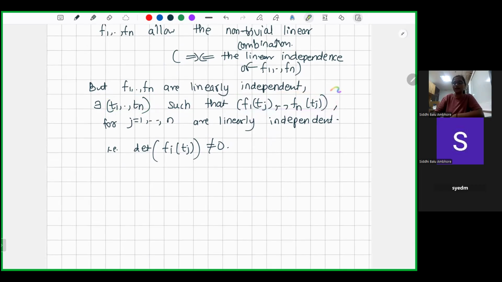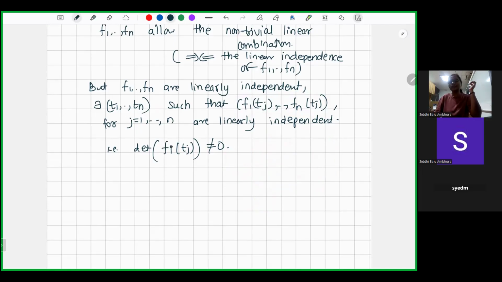And once we have these n columns, which are non-zero, then that is my matrix A, that is F1(T1), F2(T2), and Fn(Tn). This matrix now becomes non-zero because each of these is a linearly independent vector now. I hope this is okay.